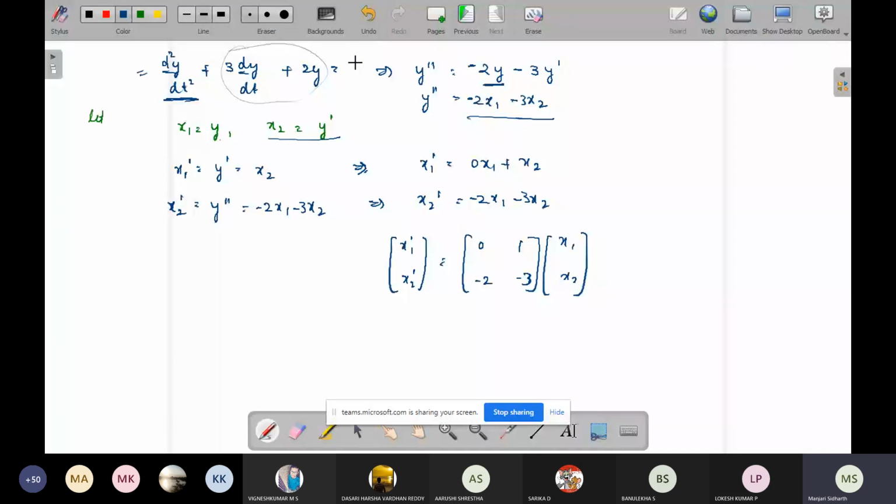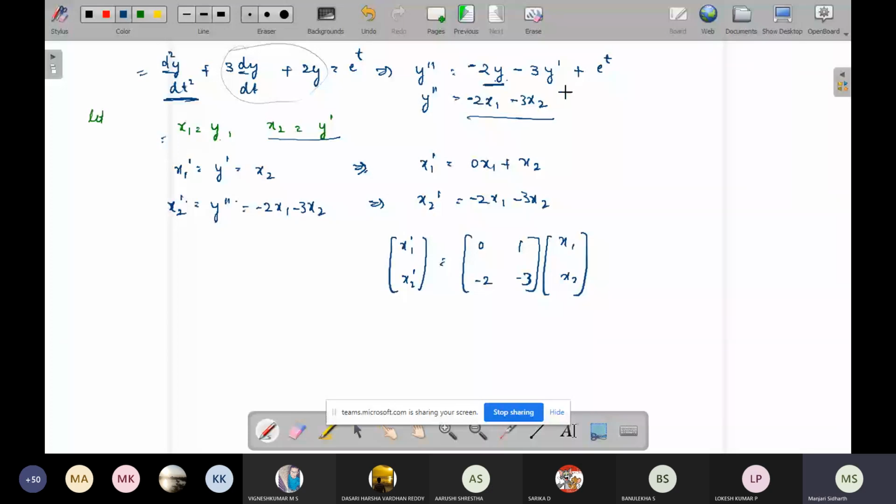Okay, now let us change the RHS. Any function of t you want. Suppose e power t only. This is the simplest one. Same assumption: x1 is y, x2 is y dash. But when you are finding the y double derivative, it is 2y minus 3y dash plus e power t, right?